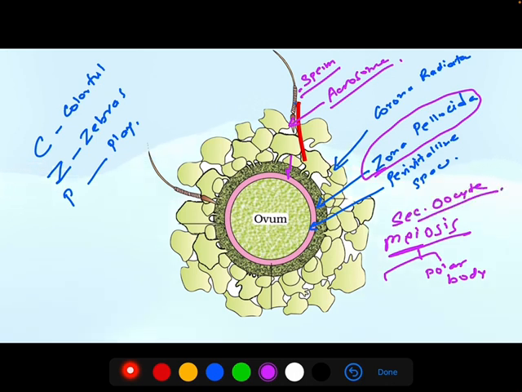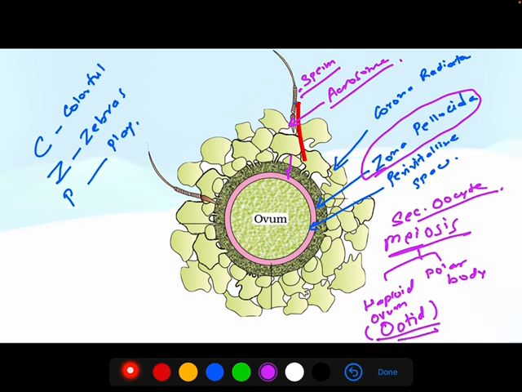Meiosis occurs, one polar body is formed and one haploid ovum, also called the ootid, is formed. And now the sperm will fuse with the ootid.